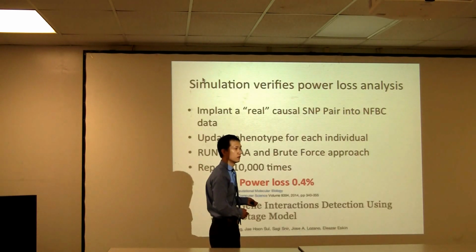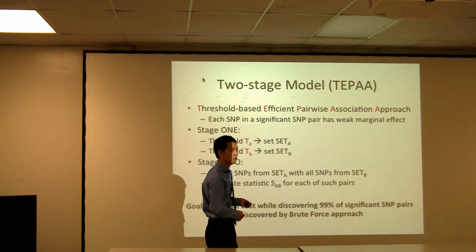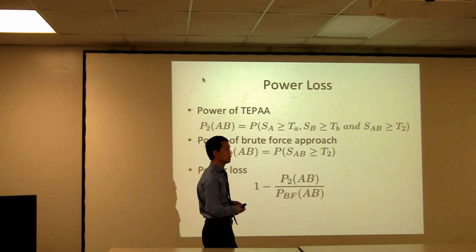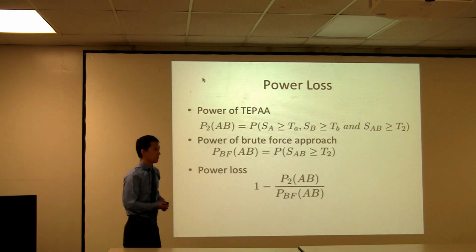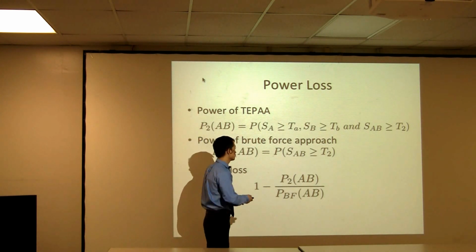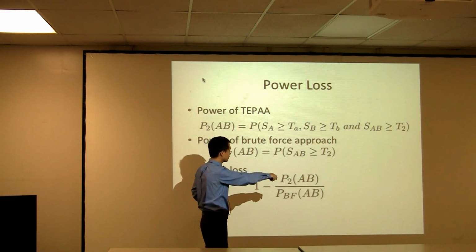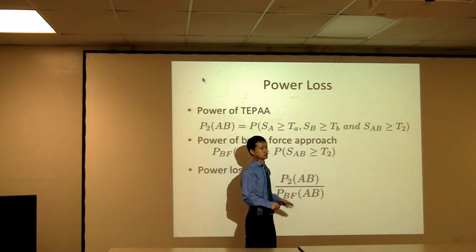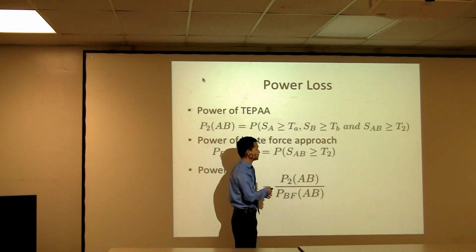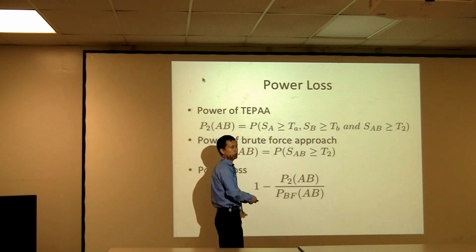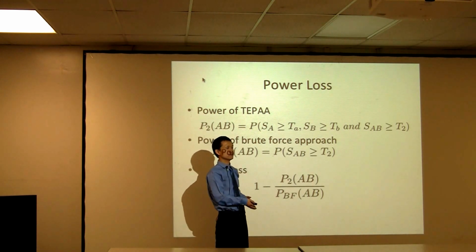Can you clarify what's the approach for handling the multiple testing issues in terms of the statistical errors? You mean the multiple testing, right? Yeah. So to handle that, we use a very high T2 that corresponds to a very stringent significance level, like 10 to the power of minus 9 or 10 to the power of minus 10.